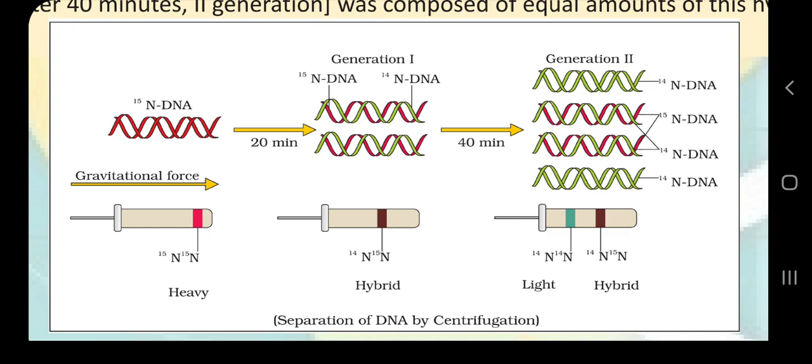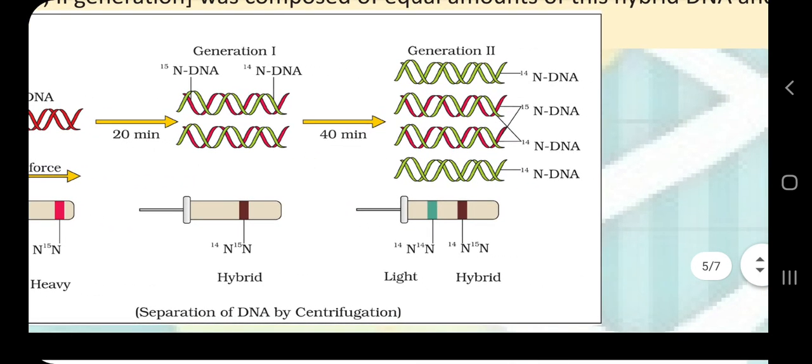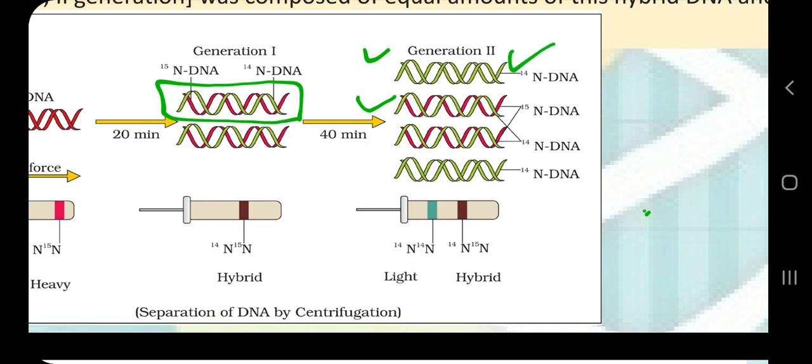Then when this type of old DNA separates its two strands, one will be red, one will be green, and again if new DNA forms, the new DNA will be green. Green means containing 14N, and here we are not talking about color. Color is used only for clarifying the concept.